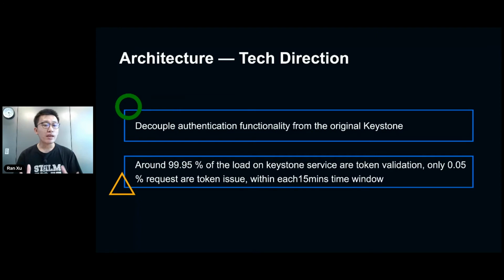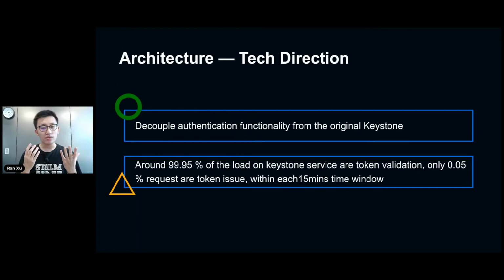But even if we decouple authentication from the original Keystone service, it seems like the coupling issue also exists inside the authentication functionality. As I mentioned in the second observation, token issue and token validation are still coupled together inside the same binary.